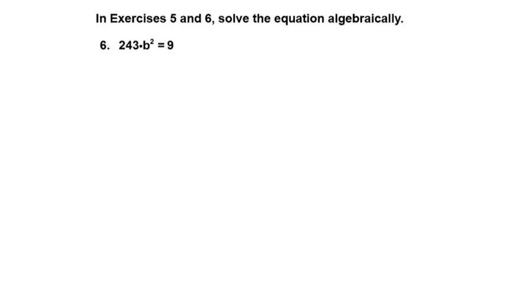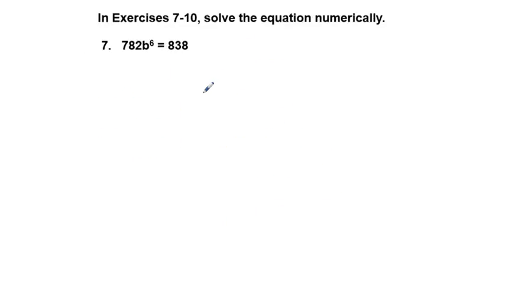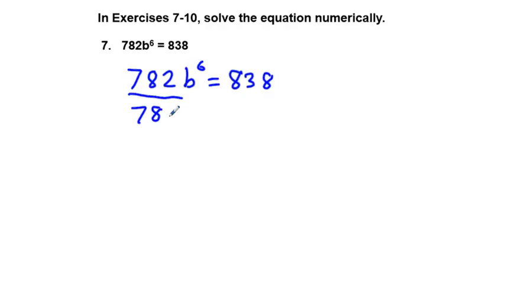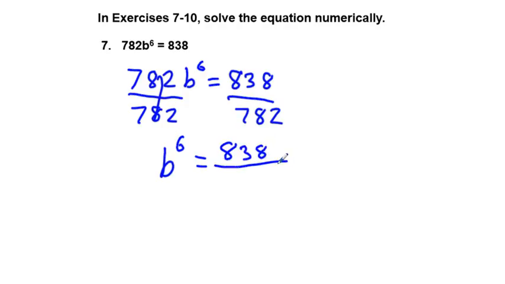Okay, problem number 7. In exercises 7 through 10, solve the equation numerically. Well, to do that, I'm going to rewrite this: 782 b to the 6th equals 838. And to solve this, we divide both sides of this equation by 782. So we have b to the 6th power equals 838 divided by 782.